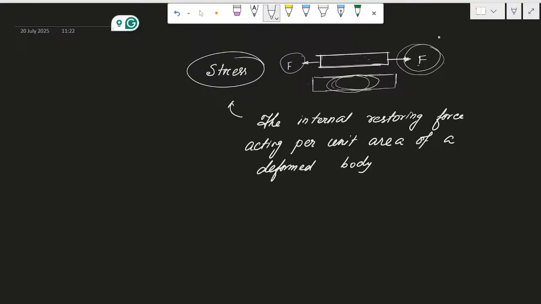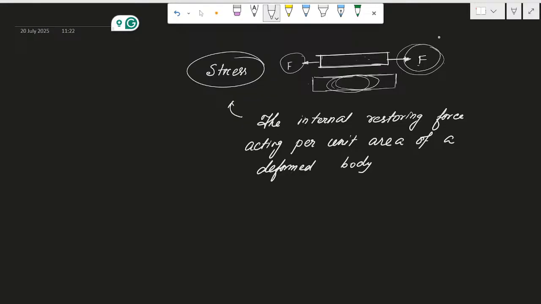So you apply some external force to an object, it tends to deform. The deformation is resisted by the internal force itself. As soon as you apply an external force, there is an action of internal force to resist the deformation or to restore it, that means to get back to its original position.